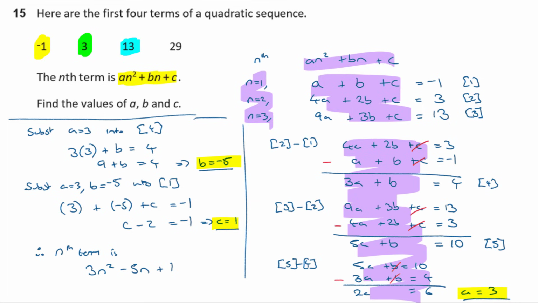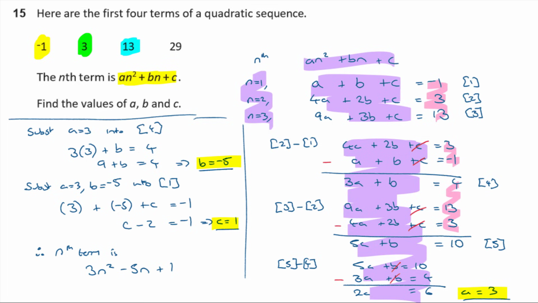The only thing that changes are these numbers on the end, because you get those from the actual sequence that you're looking at. So all the actual algebra is the same from one question to the next. So whilst it looks long and complicated, after you've done 5 of these and it's the same every time, you go, oh, that's the same every time, and it gets quite straightforward to do.